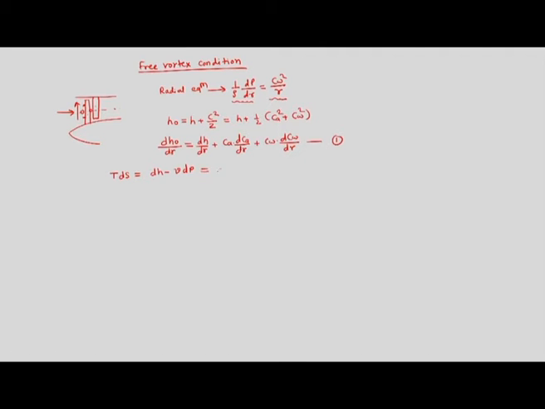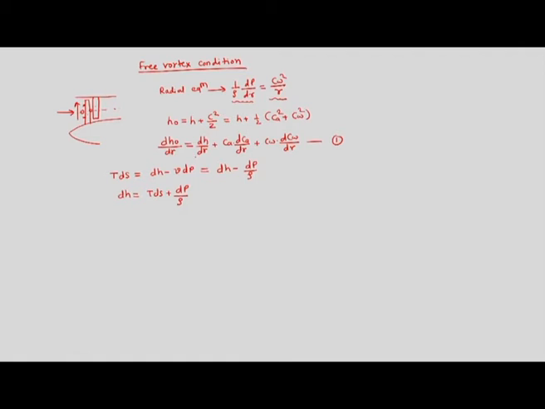So, that can be written as dH minus dP by rho. Then we can write dH is equal to TdS plus dP by rho.